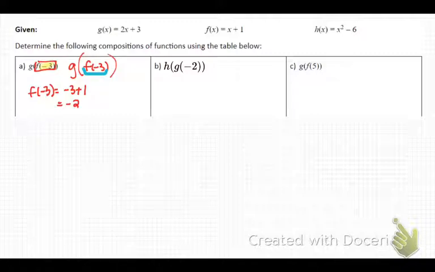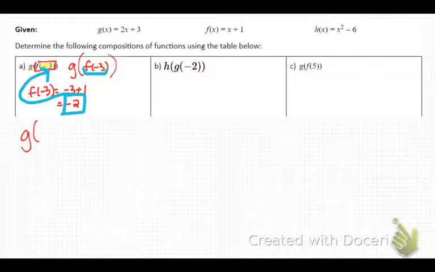Is that okay so far? What do I do with that negative 2? Yeah, I input that. That is my new input for G. So now I have G of negative 2.